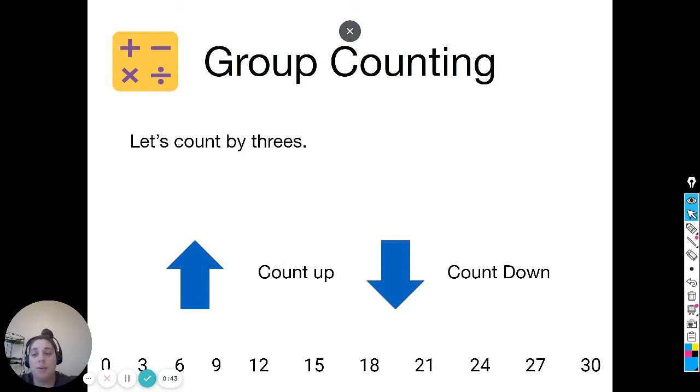We're going to start off by doing some group counting. You should be getting pretty fluent at this by now. Okay. We're counting by threes.